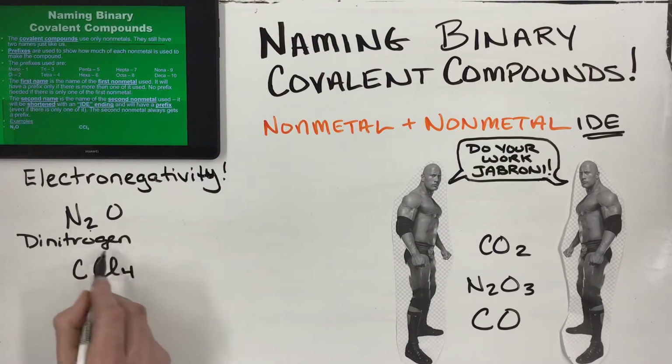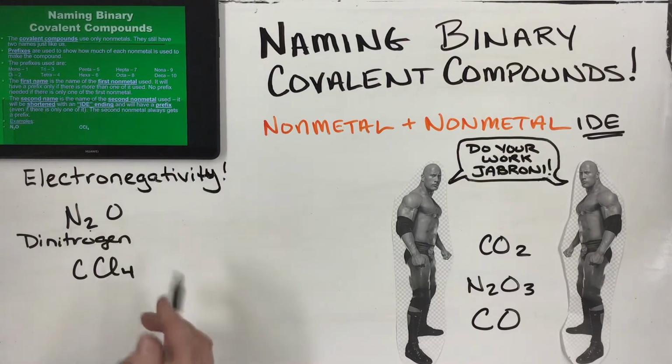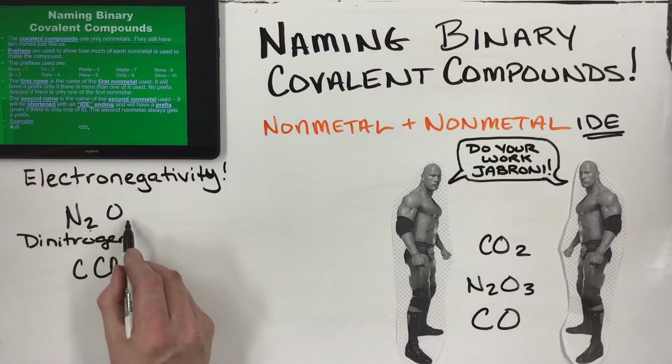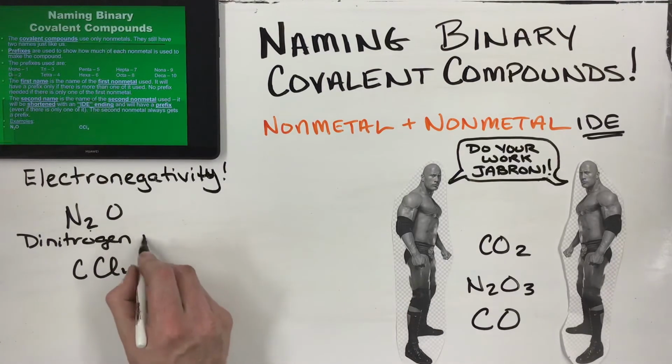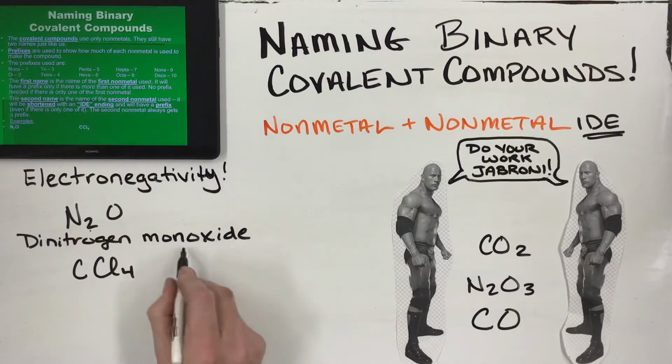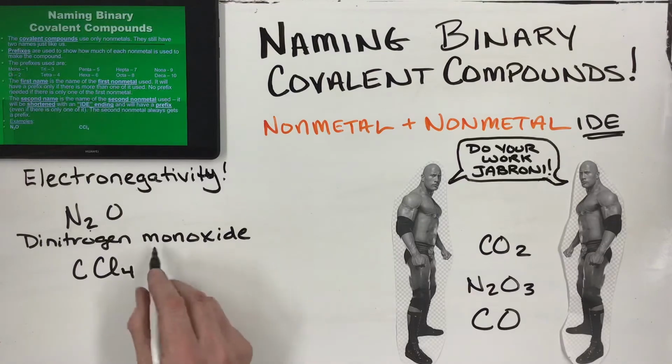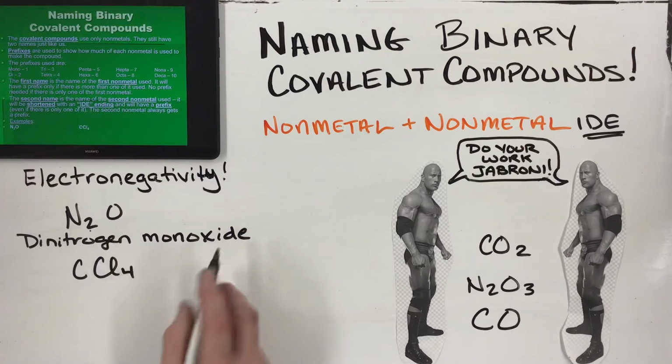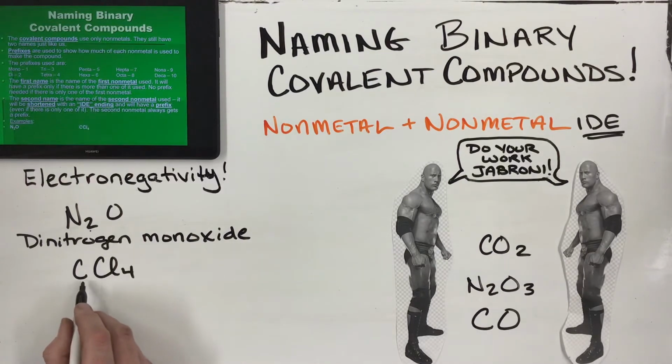The name of the first element doesn't get ide. It just stays the way it is, like the metals. Only the second one gets ide. Now I've got a 1 here that I can't see, and 1 is mono. So it's monoxide. I don't put double O there. Dinitrogen monoxide.